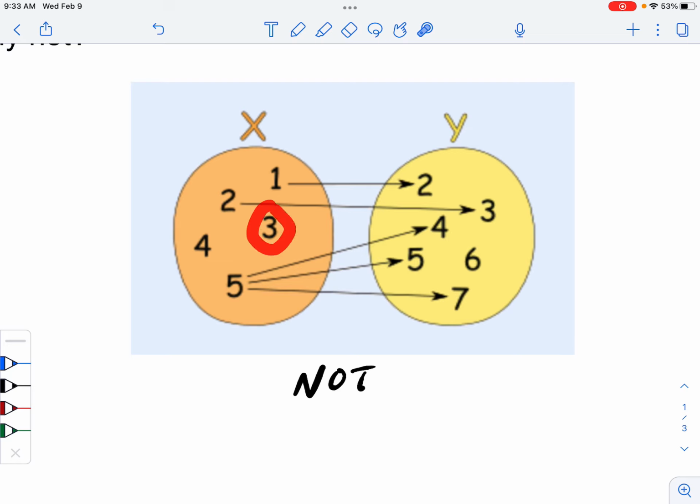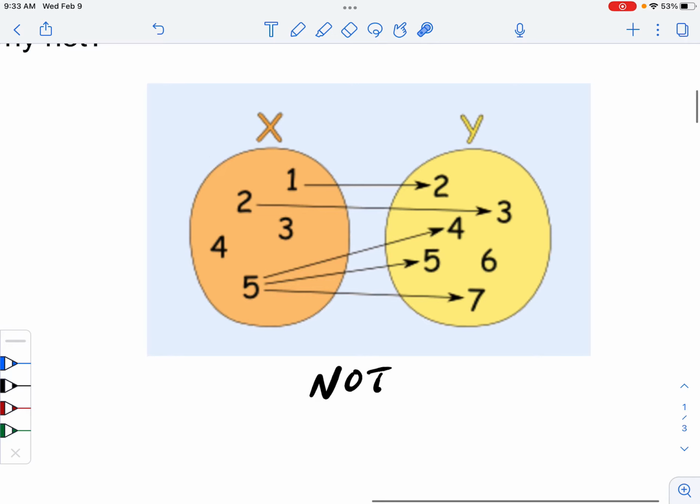Neither of these has an output at all, so that does not fit our definition. Also, 5 is an input that has multiple outputs. This is what it looks like if one value goes to multiple other values. My input of 5 has outputs of 4, 5, and 7. So there are two reasons that this is not a function.